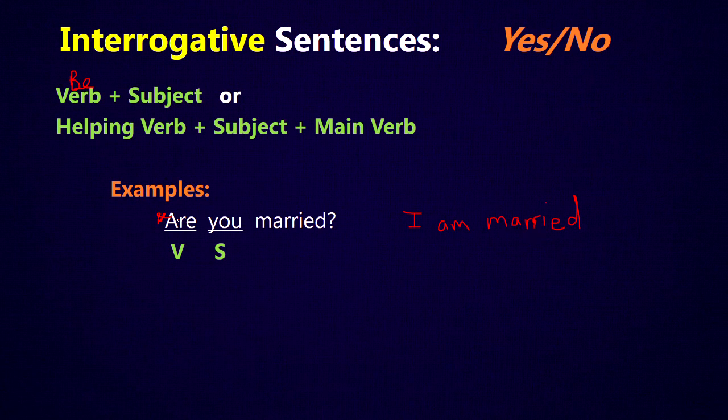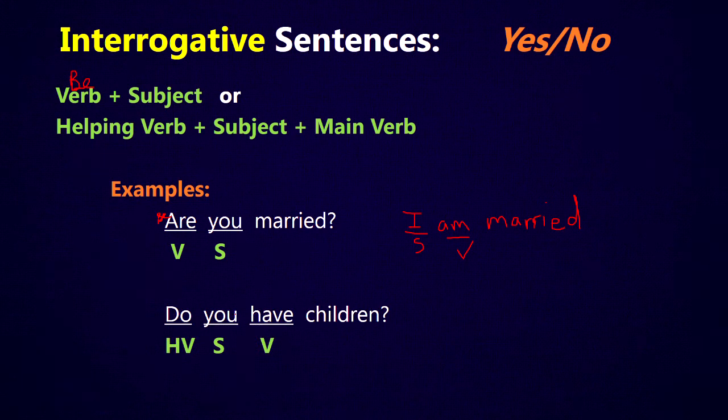So you see, in the question, the verb is coming first. In the statement, the subject is coming first. And that's the difference between a question and a statement, is the order of the words in the sentence.